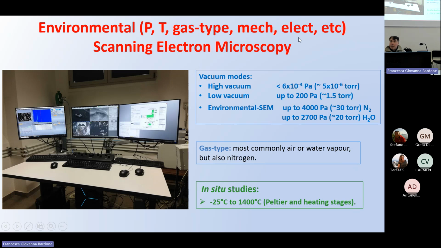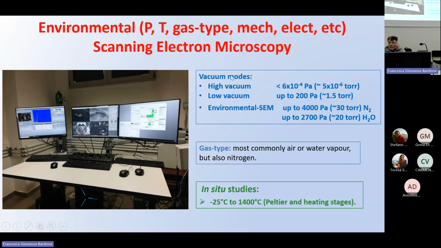You want to apply an electric field to your biological materials, to stimulate your cells with an electrical signal. You can do it. You have your tissue, you can apply a voltage and see how the cell behaves. You can apply a voltage with also an applied mechanical test to see the behavior of your tissue in physical condition and also in temperature.